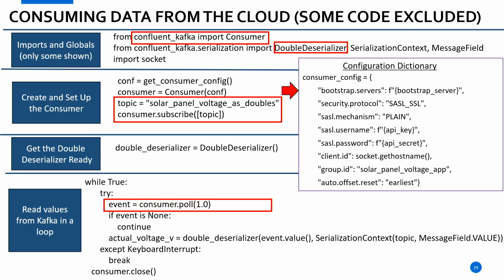Every second, we poll that consumer to see if there's an event. And if there's an event, we then deserialize that double, so that decimal number in bytes, back to a decimal number that we can use in our application. And really, that's kind of it.